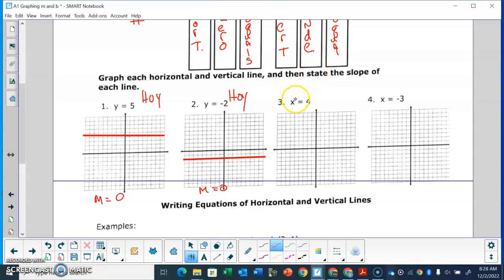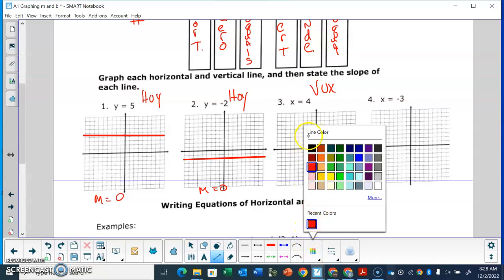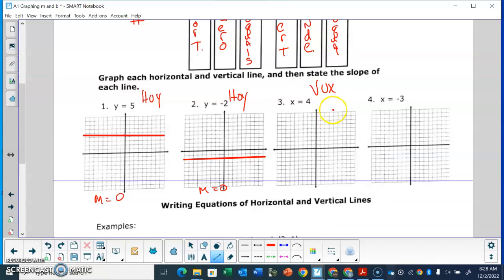For this one, we have an x. So this is a VUX. So at 4, so our x is equal to 4. 1, 2, 3, 4. This is where we're going to have our vertical line.